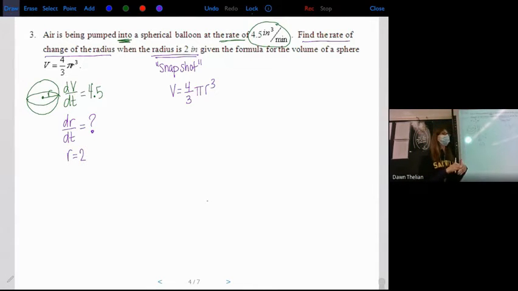I'm not being asked to calculate the volume when the radius is 2. I want the rate that the radius is changing when the radius is 2, meaning I have to take the derivative with respect to time first. I need the related rates equation before I plug in anything.